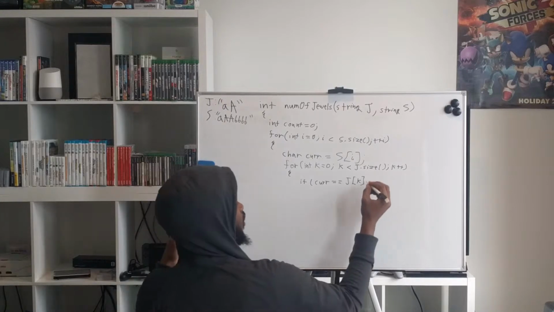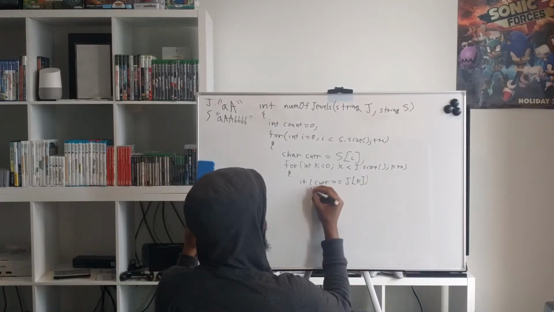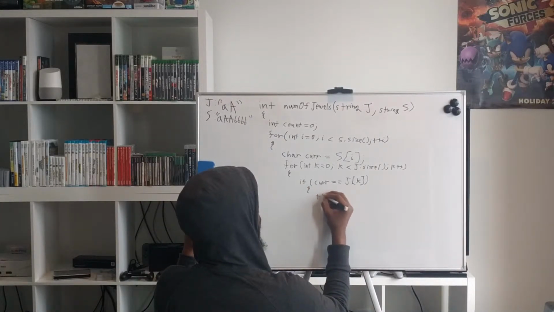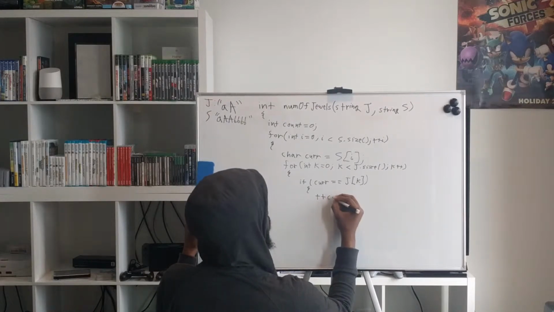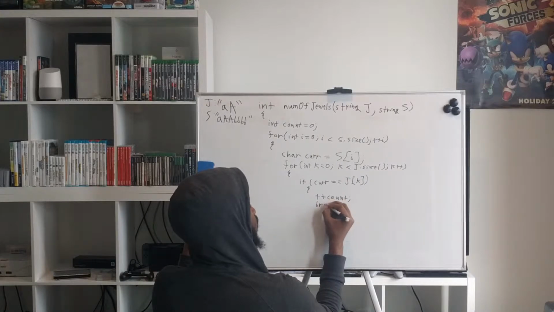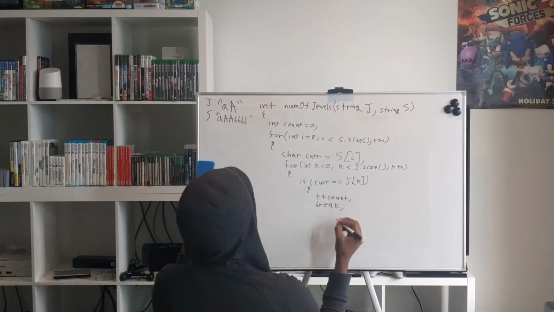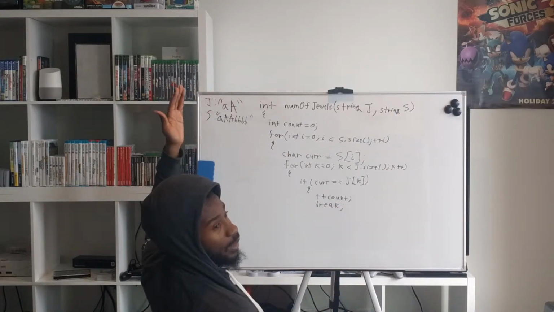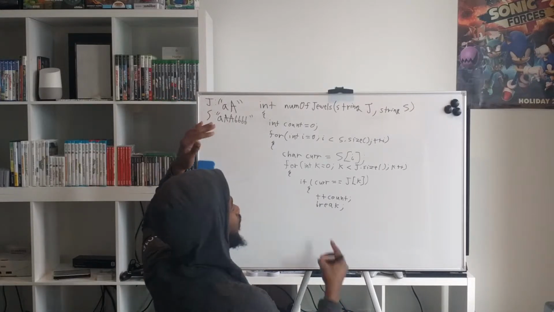right? Then you want to increment the count and then just break. And the reason we break is because assuming this doesn't have duplicates, and even if it did, we wouldn't want to actually count twice.